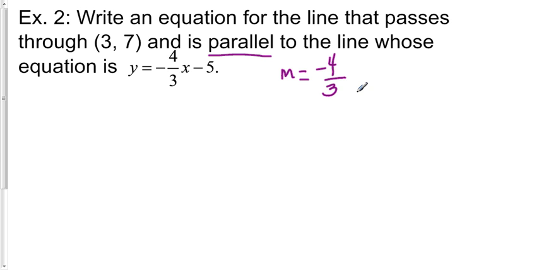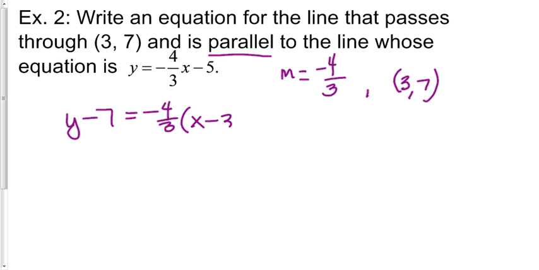My ordered pair, my point is (3,7), and so now I've got all the information I need to write an equation. Using point slope form, I'm going to set it up: y minus 7 equals negative 4/3 times x minus 3, and follow the same process, distributing and then solve for y.